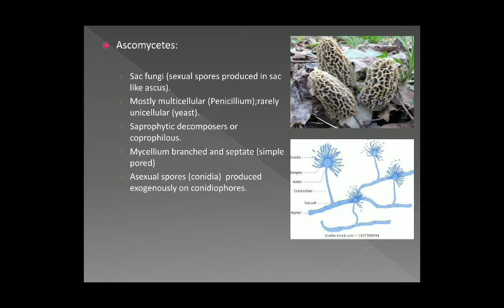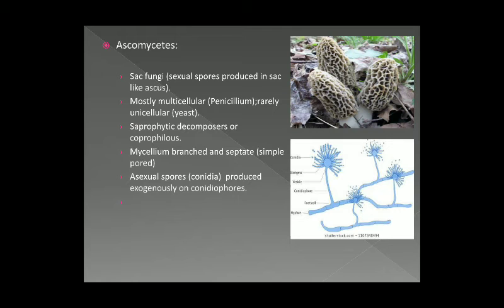Now the second class is Ascomycetes. Ascomycetes are also known as sac fungi because the sexual spores in these species are produced in sac-like structures which are known as asci. Ascus is singular and asci is plural.